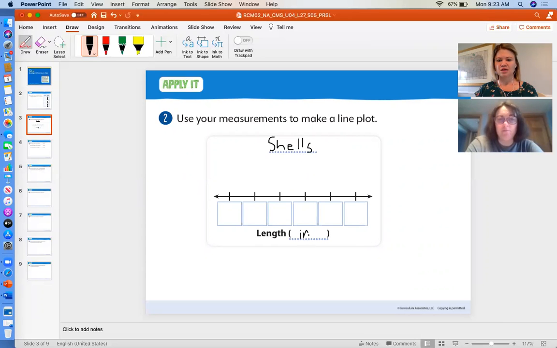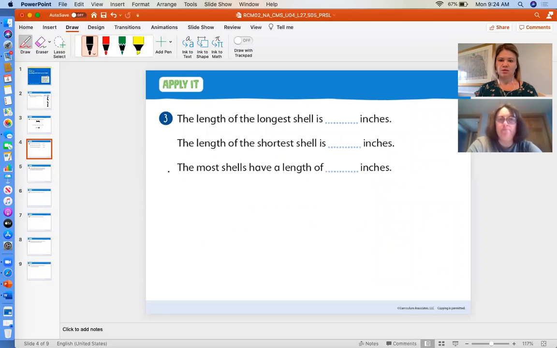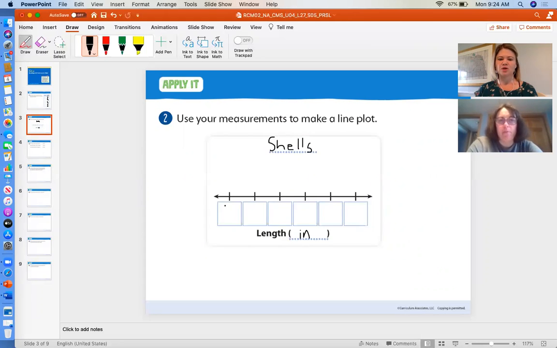If we go back to our table, our smallest shell was 2, and our largest shell was 7. So 2, and then 7, and then you just fill in 3, 4, 5, and 6.